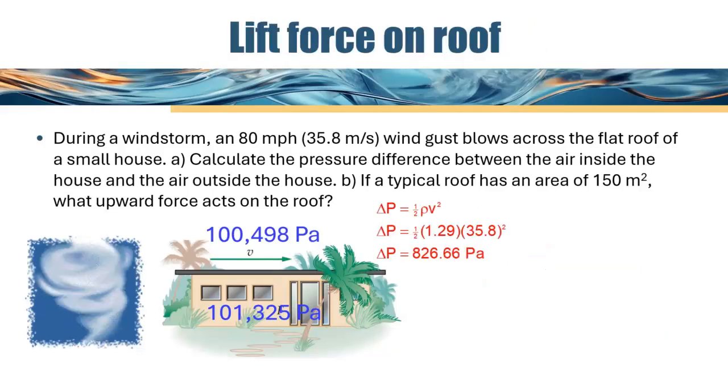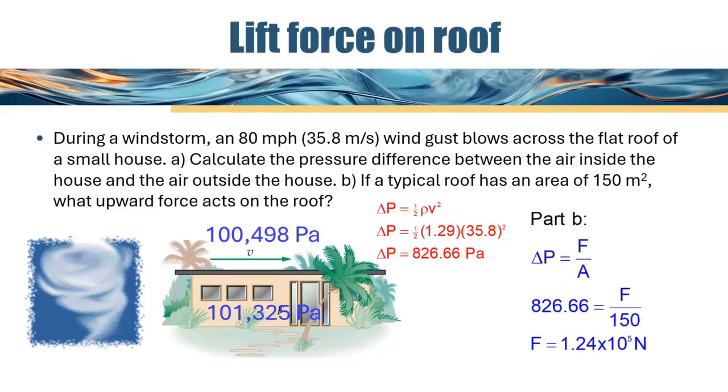Part B says, if a typical roof has an area of 150 meters squared, what upward force acts on the roof? So again, we have this pressure difference happening, and when you have a pressure difference, you can calculate the force. So the change in pressure is going to be equal to the force over area. So again, be very careful here that it's the change in pressure.